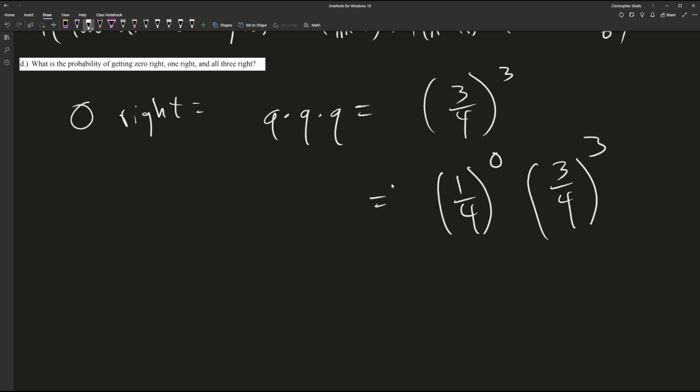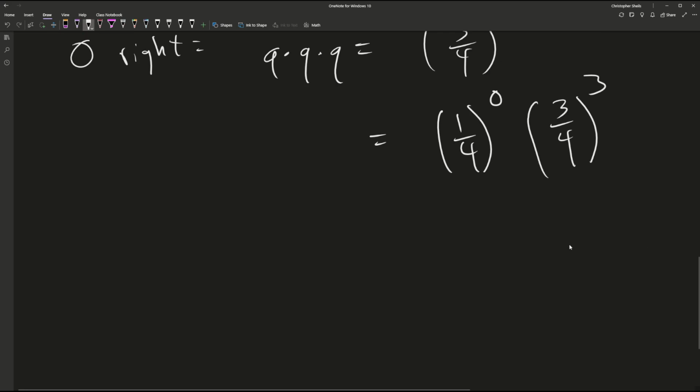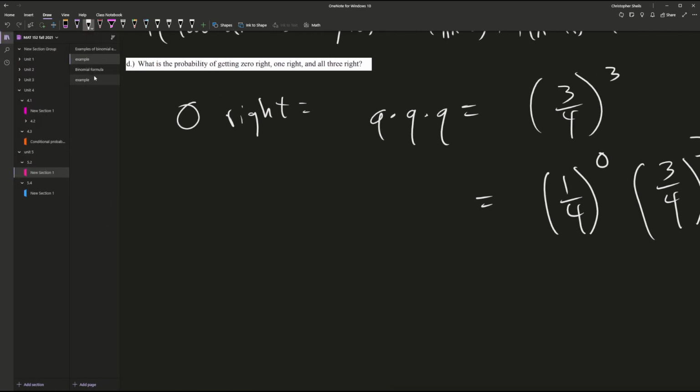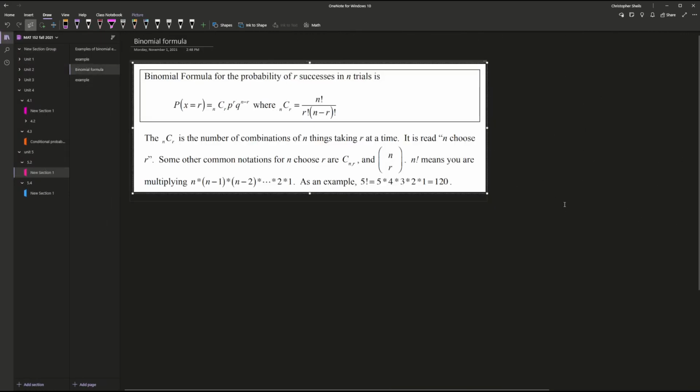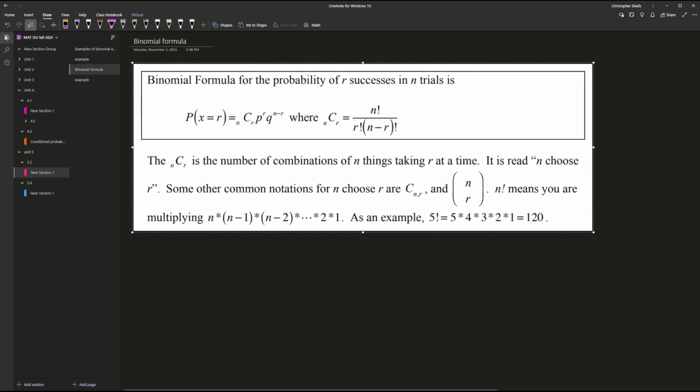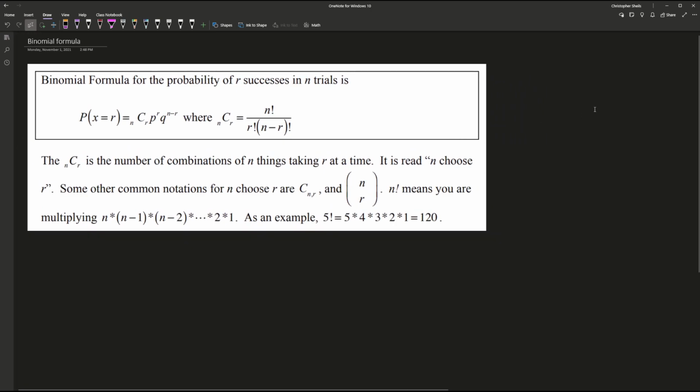And let's go ahead and look at that reason. Let's look at this thing called the binomial formula. This might look a little bit scary at first, but it's not bad. The binomial formula for the probability of R successes in N trials is given here.